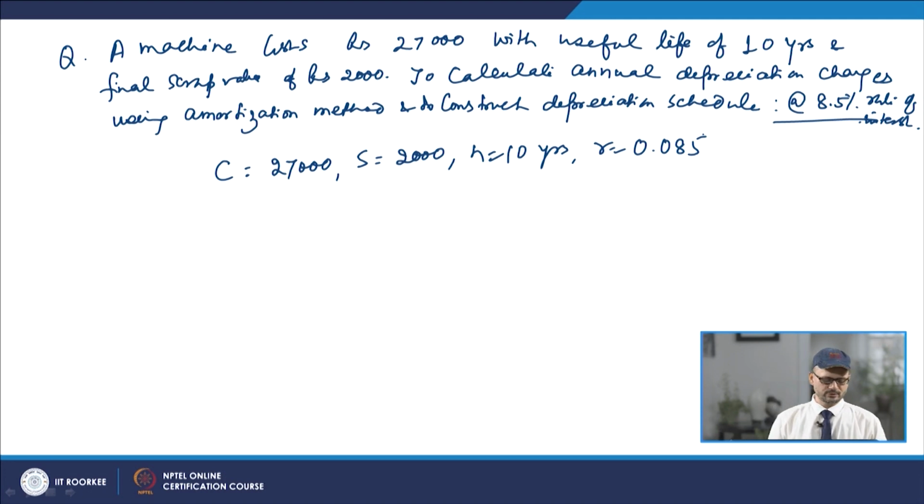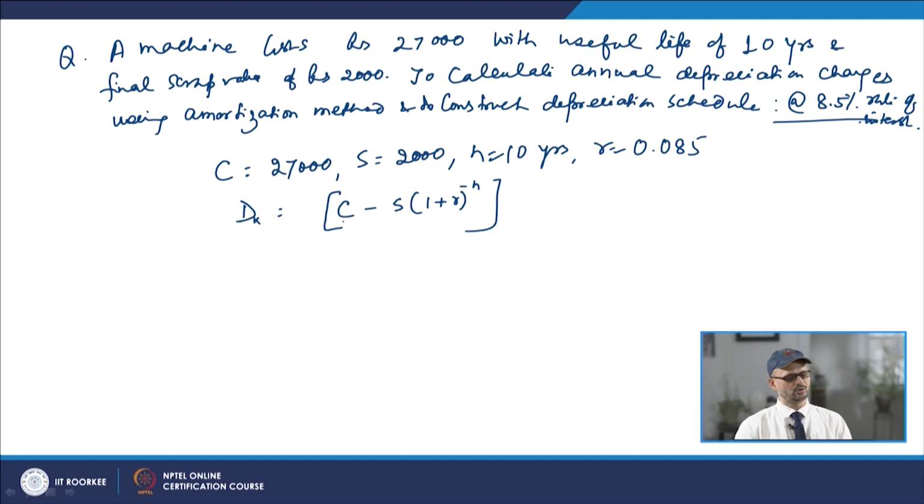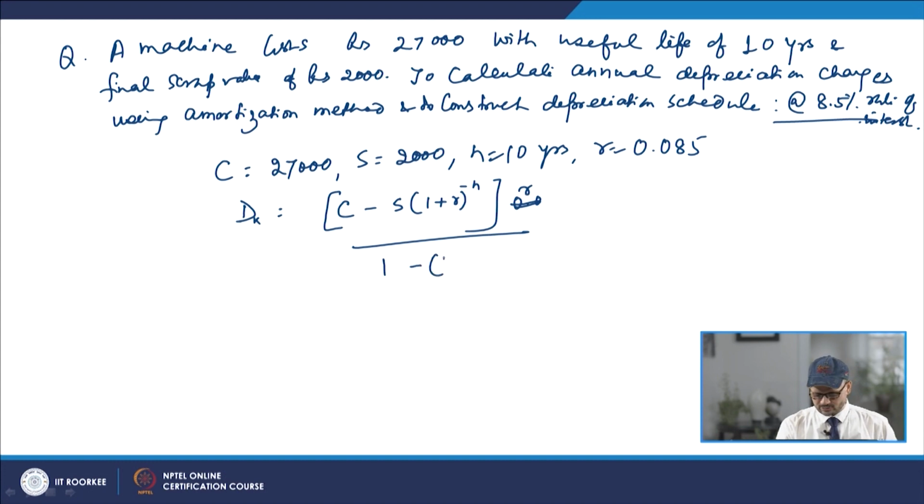We get this depreciation charge, which is calculated as (C minus S) into (1 plus R) raised to the power minus n, multiplied by R divided by 1 minus (1 plus R) raised to the power minus n.